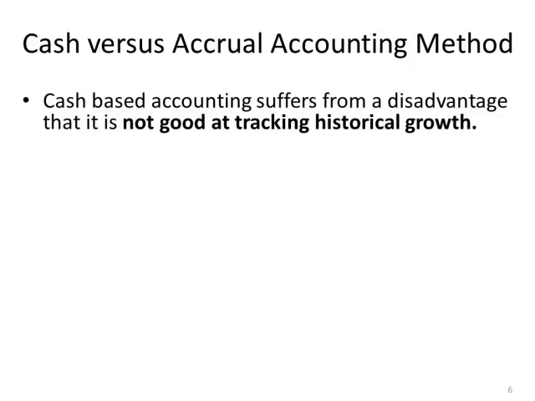Furthermore, cash can include transactions such as dividends, or does not include things like depreciation, and that's a problem. That means that we don't actually get an accurate picture of the company's actual financial performance. So when it comes to tracking growth, accrual accounting definitely has the edge.